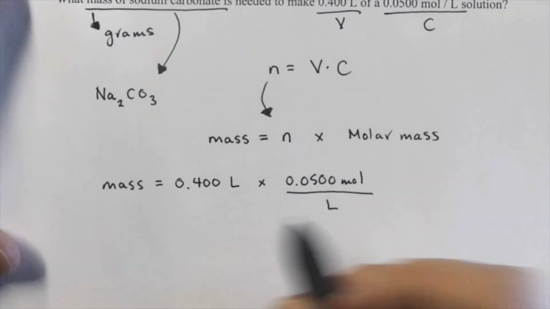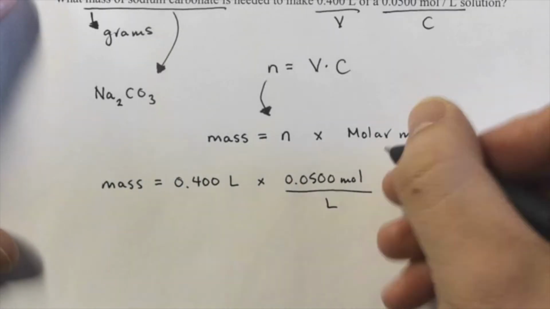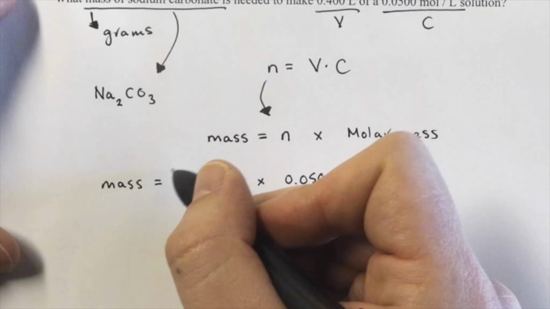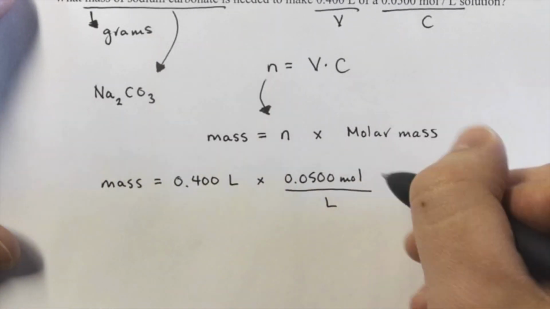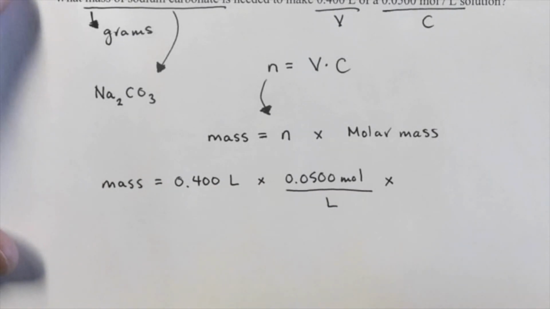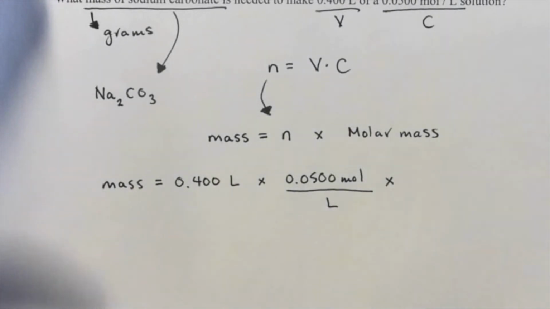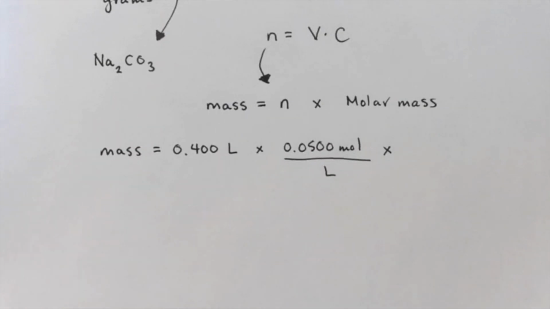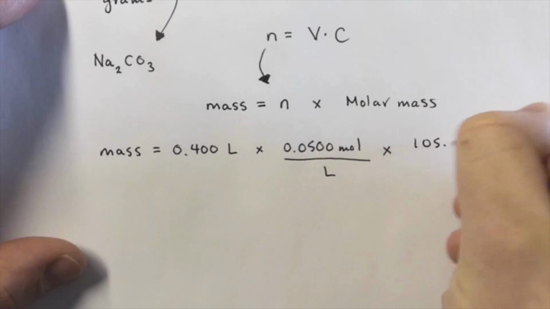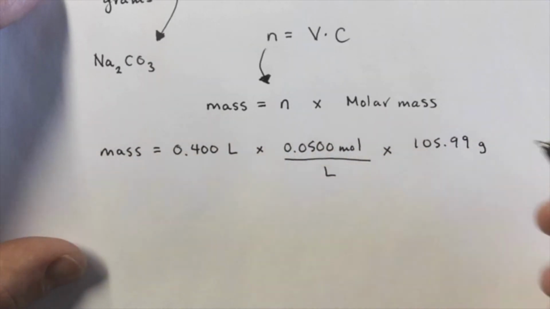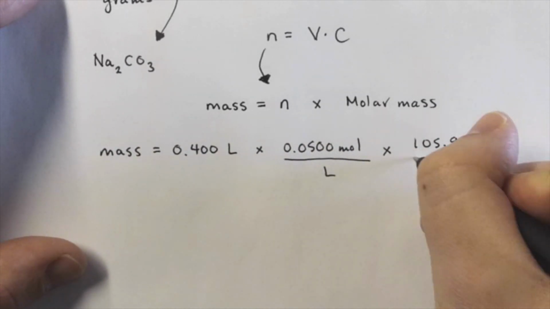So that's V times C. And all together, V times C gives me N. The only thing I have to tack on here at the end is the molar mass of sodium carbonate. Okay, so I'm just going to pause the video here and calculate that. So the molar mass of sodium carbonate is 105.99 grams per 1 mole.